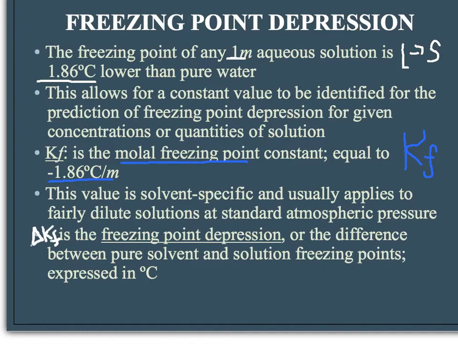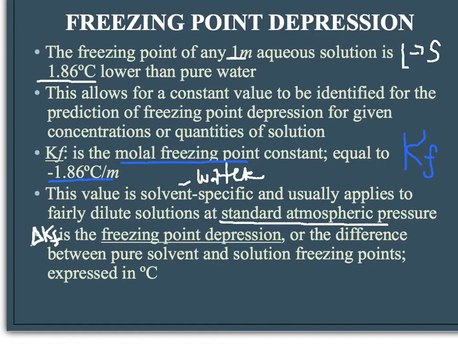This value is inherent to the solvent being used. So in this case, we're dealing with water. This is the freezing point constant for water. And there are changes in the constants depending on the environmental conditions, but at standard atmospheric pressure, so in regular lab settings, the solvent has a fixed freezing point depression.